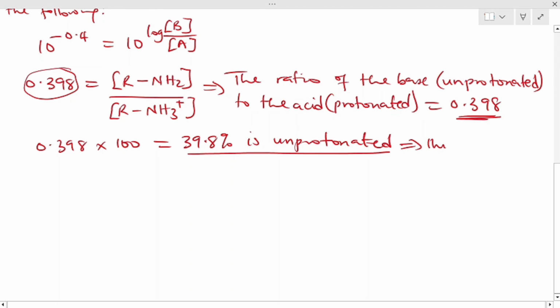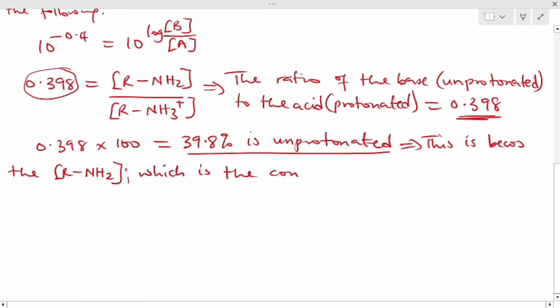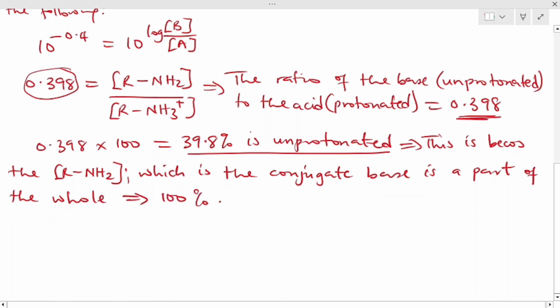So what you have noticed is that the concentration of RNH2, which is the conjugate base, is part of the whole, and the whole in this case is 100%.